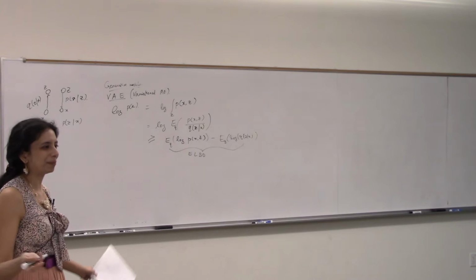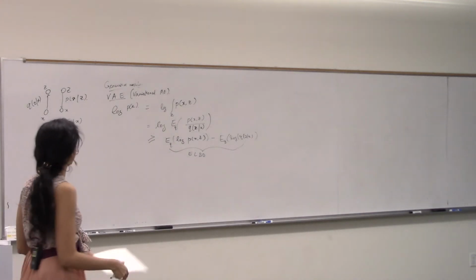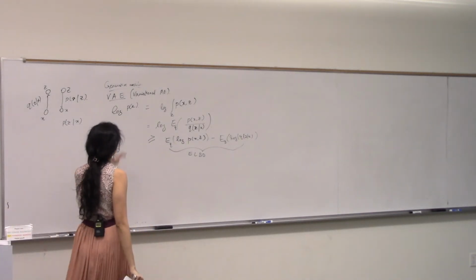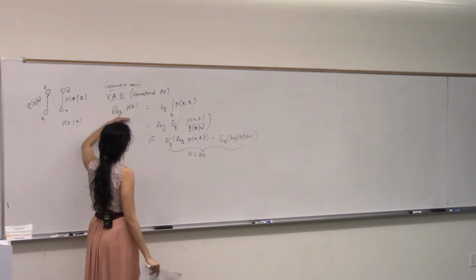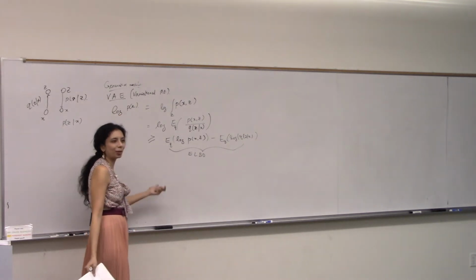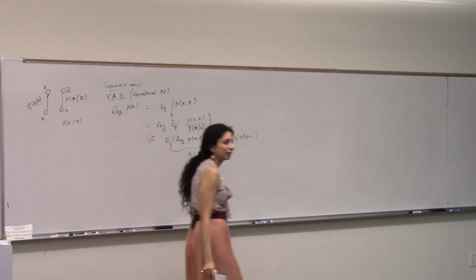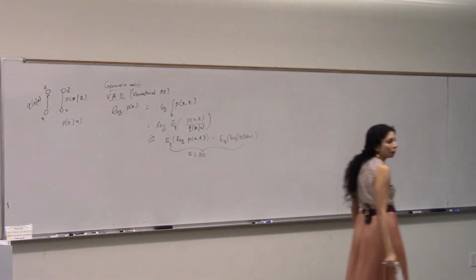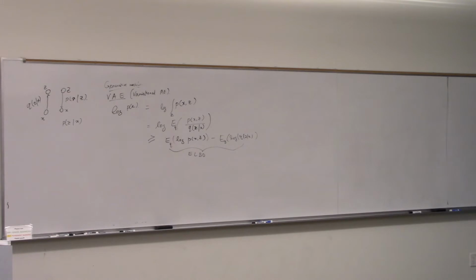So I am losing out, because you could attain a different maximum here compared to this, but at least it's a lower bound, so that's a nice thing. And so this is called variational approximation. So instead of optimizing for maximum likelihood, I'm going to optimize for the ELBO.